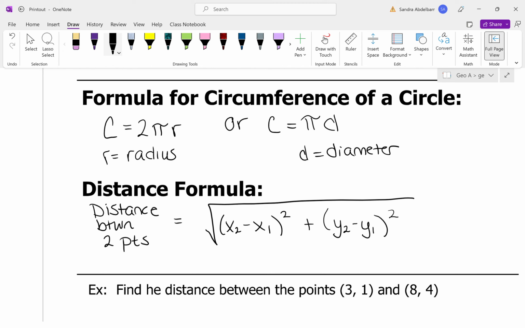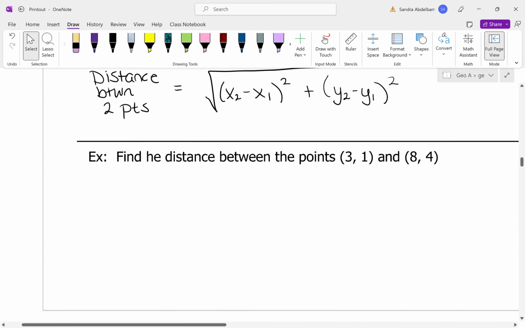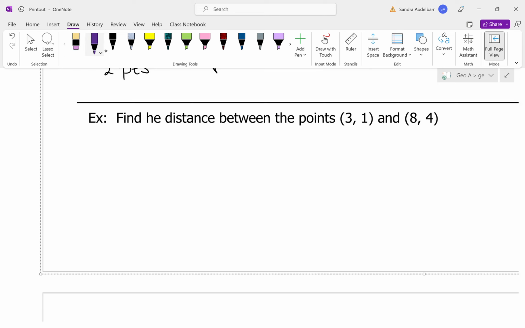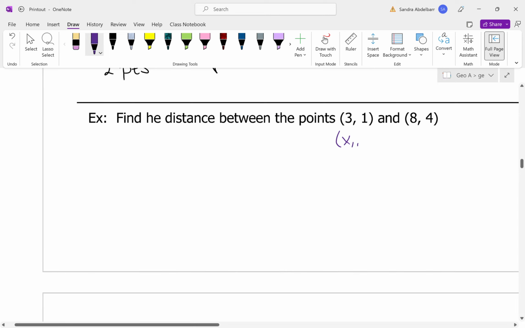All right, let me refresh your memory on how this distance formula works. So we want to find the distance between the points (3, 1) and (8, 4). So I'm going to call (3, 1) x1, y1. And I'm going to call (8, 4) x2, y2.